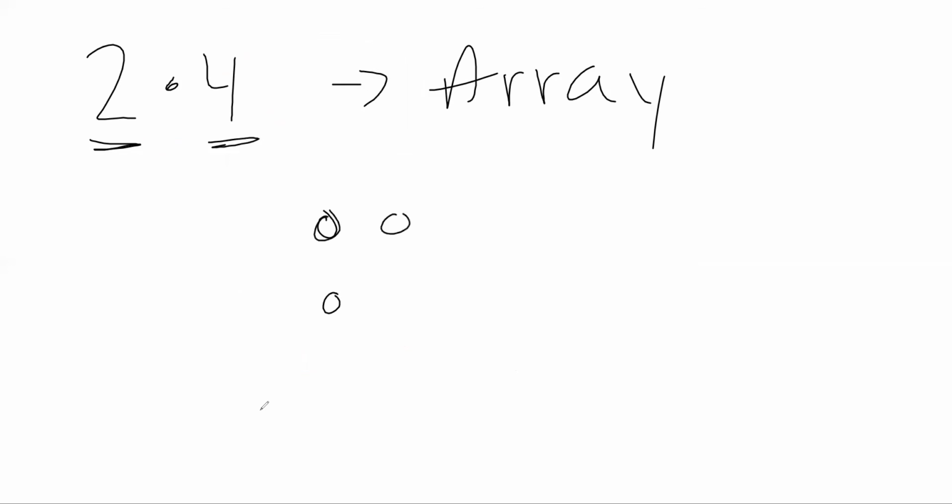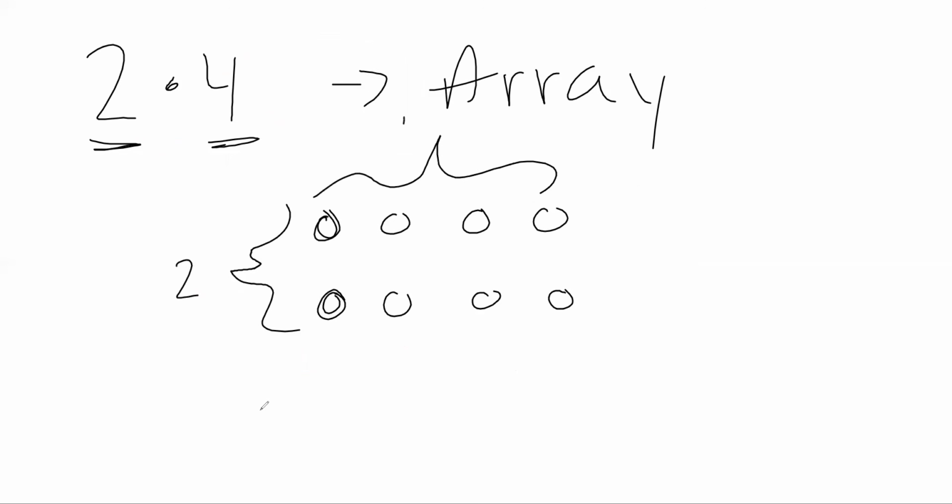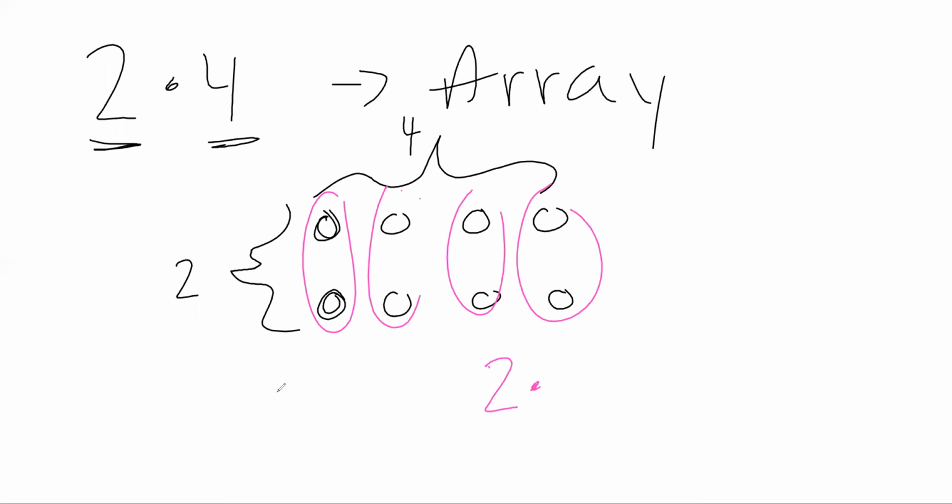So 1, 2, 3, 4, 1, 2, 3, 4. And you can see, whoa, there's 2 on here, there's 4 on here. Again, I could skip count them, 2, 4, 6, 8, which tells me once again, 2 times 4 is equal to 8. So I can show it as that array.